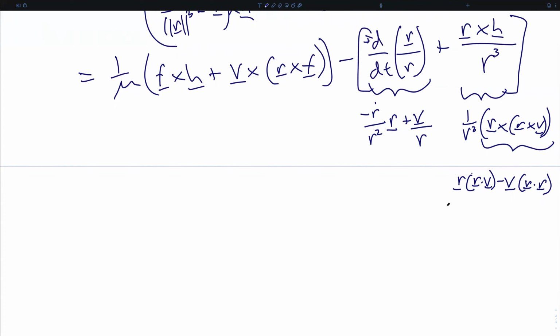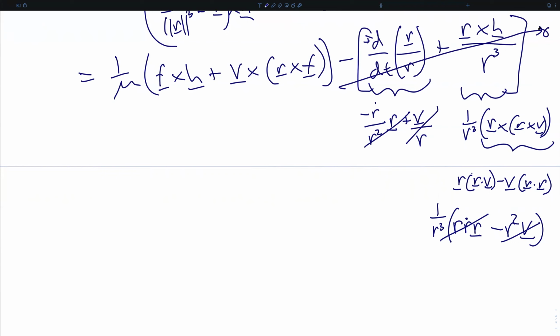So this entire term can be rewritten as 1 over r cubed, r times r dot in the r direction minus r squared in the v direction, where we've used a previous result that r dot v is equal to r times r dot. This term exactly cancels this term, and this term exactly cancels this term. And so this entire term over here is 0.